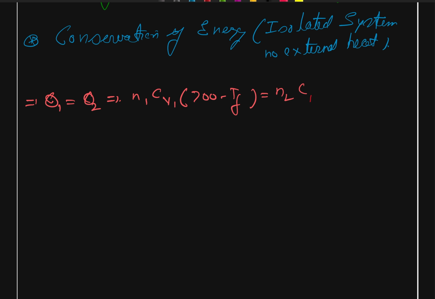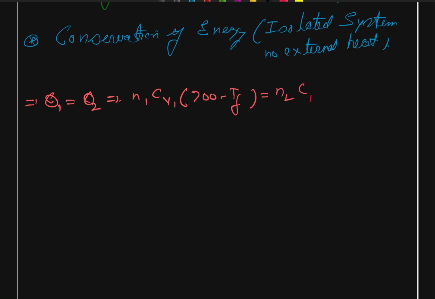Here this 2 R cancels out, and we get this will be 2100 minus 3 TF will be equal to 7 TF minus 2800.